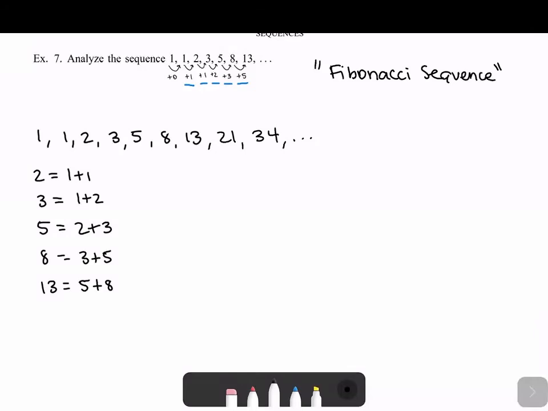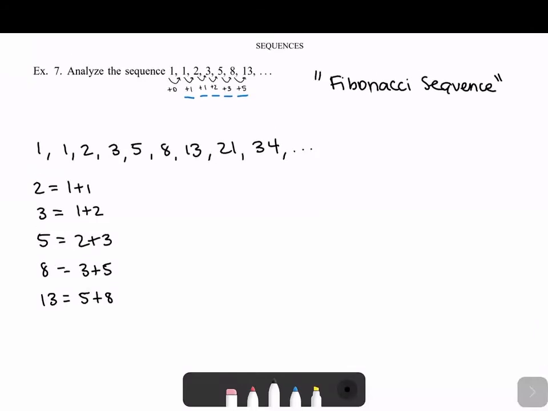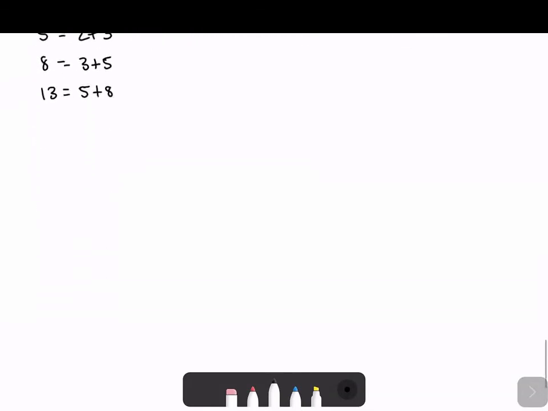So this is one type of sequence that's not like any of the others. There's only this one with this name, but we can have other sequences like it.